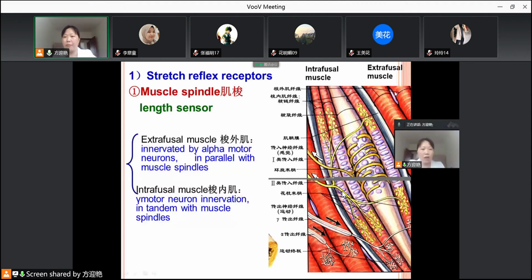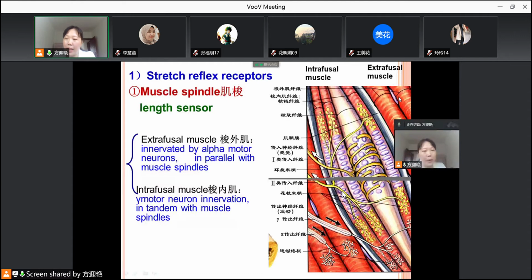Outside the muscle spindle, we find the muscle we call the extrafusal muscle. When there is contraction, this muscle is in parallel with the spindle, so the spindle is not excited.